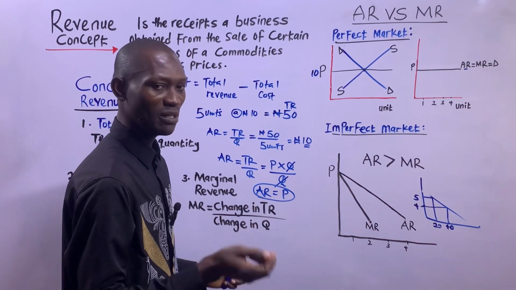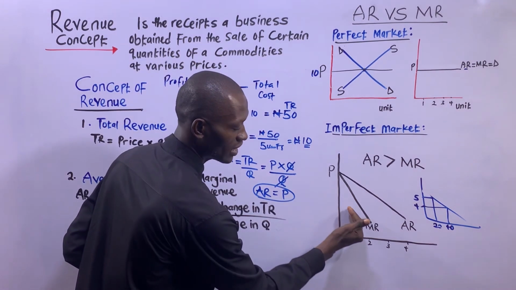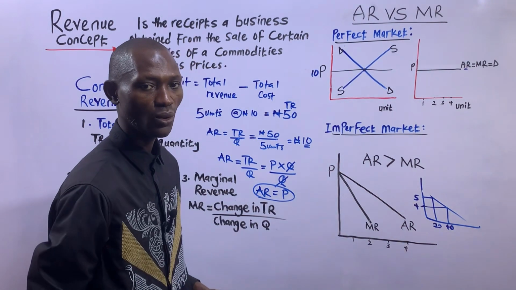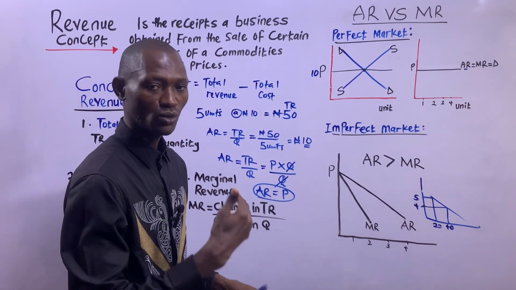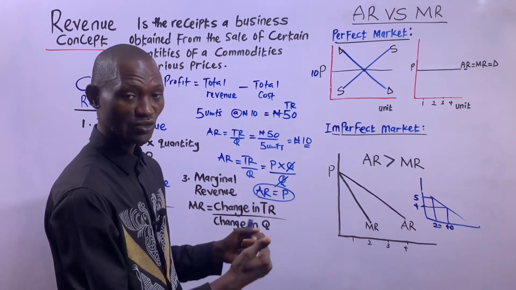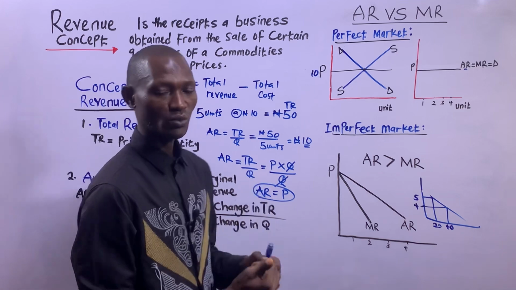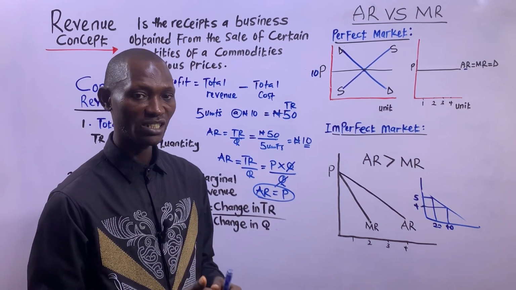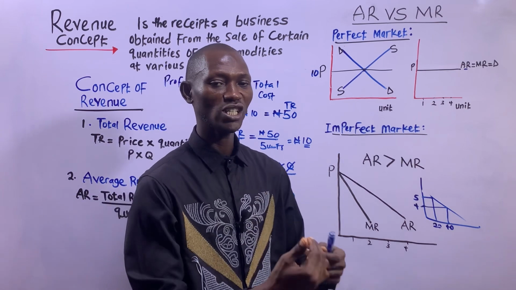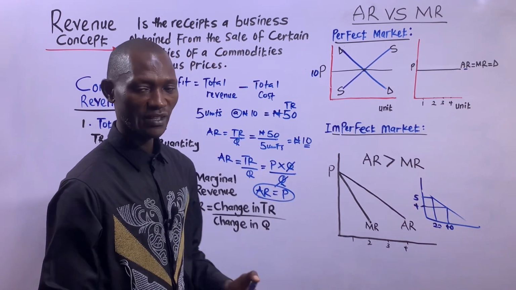So in an imperfect market, marginal revenue lies below the average revenue. So while output is increasing, average revenue will be reducing, total revenue will be increasing, but marginal revenue will be reducing, and it will fall faster than the average revenue.